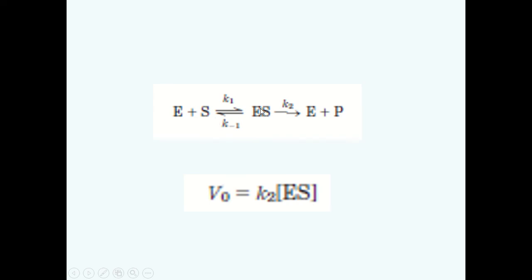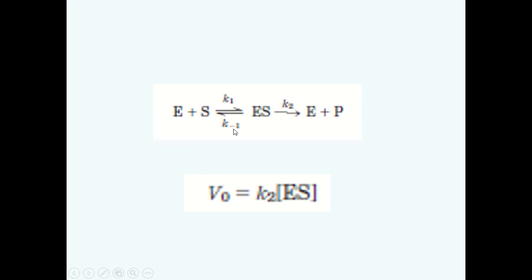So substrate can bind to the enzyme and it can result in formation of the transition complex, or it may dissociate again as well. So the rate constant for this forward reaction is given by K1, and the rate constant for this reverse reaction, that is the breakdown of ES, is given by K minus 1.